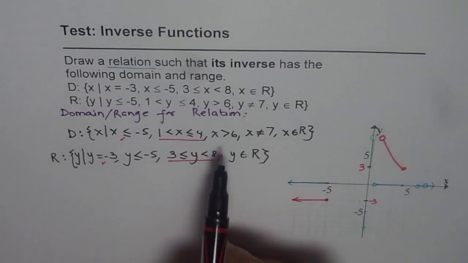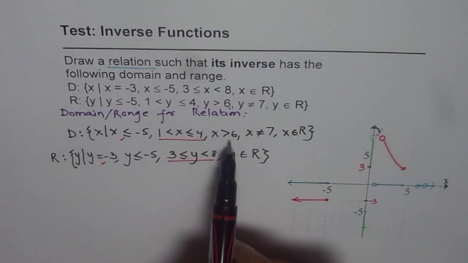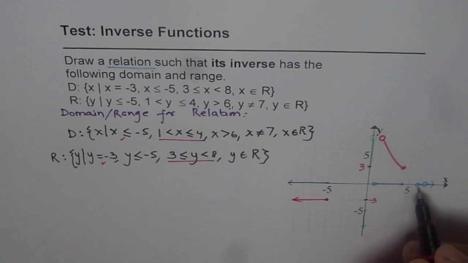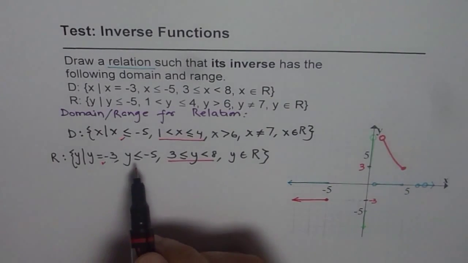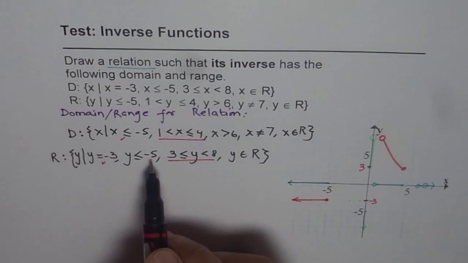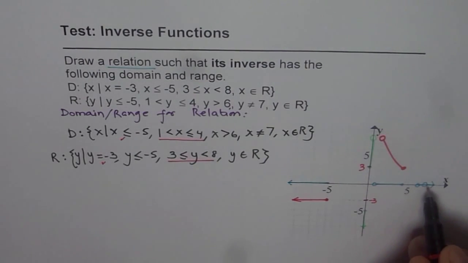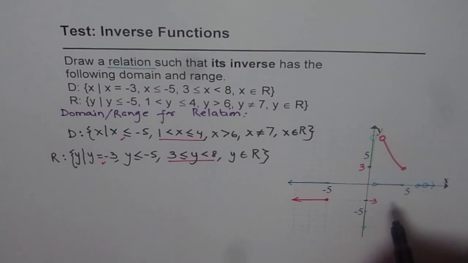Now I have another condition here, that is x is greater than 6, but it's not equal to 7. So this is kind of tricky. Y is less than or equal to minus 5.